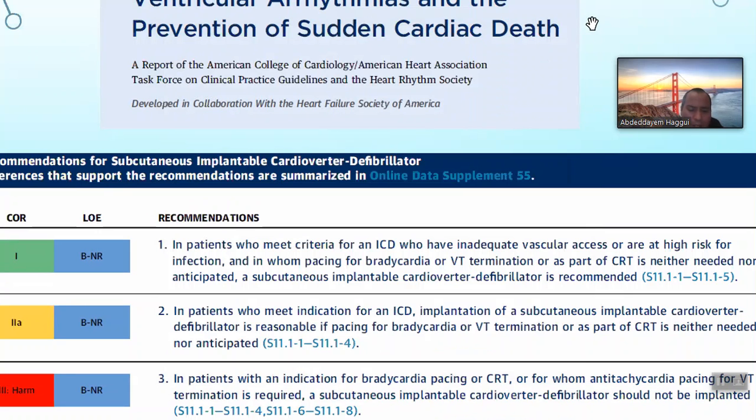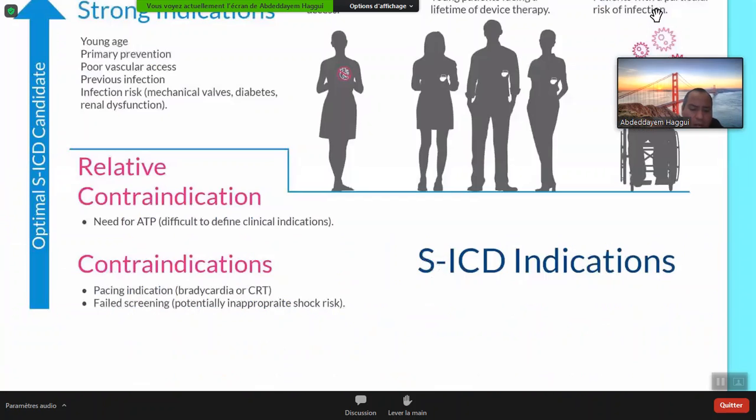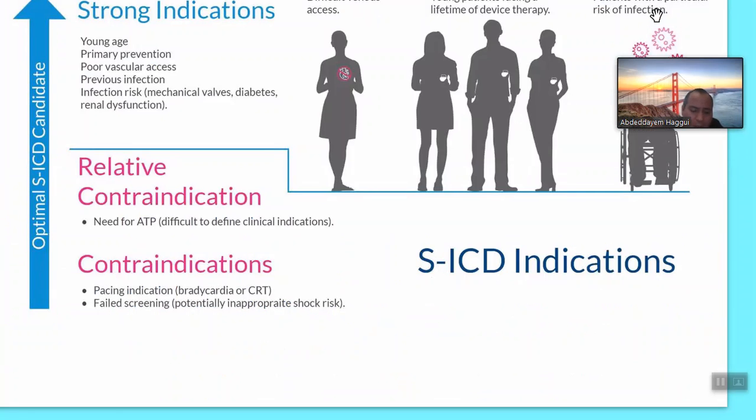Two years later, in 2017, AHA/ACC/HRS published the new recommendation, and S-ICD gained 1 class to be a class 1 indication in patients with difficult vascular access or at high risk of infection, and in whom pacing for bradycardia or VT termination or as part of CRT is neither needed nor anticipated. So the strong indications for S-ICD are young patients, primary prevention where we need just a shock to save a life, and patients at high risk of infection or with poor vascular access.